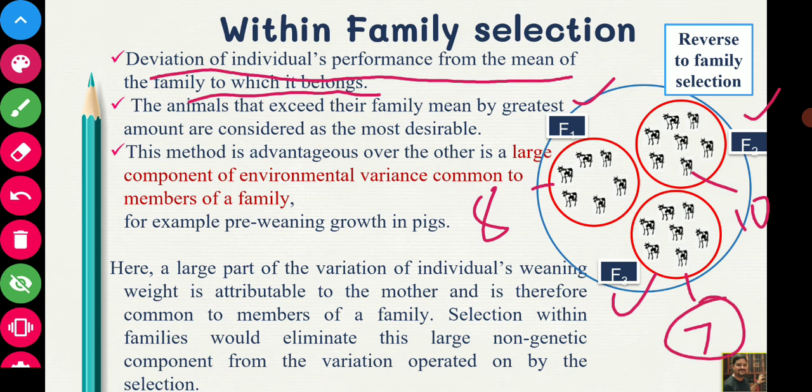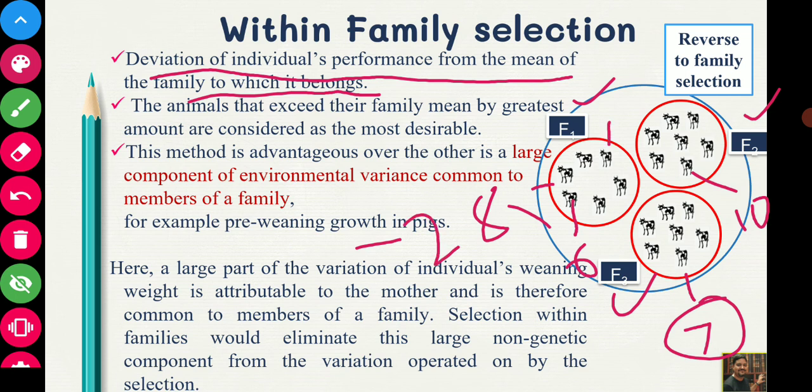Now suppose I am looking at the F1 family. In the F1 family, this particular cow has 6 liter of milk yield. So how much is it deviated from the mean? 8 minus 6, that is 2 liter.